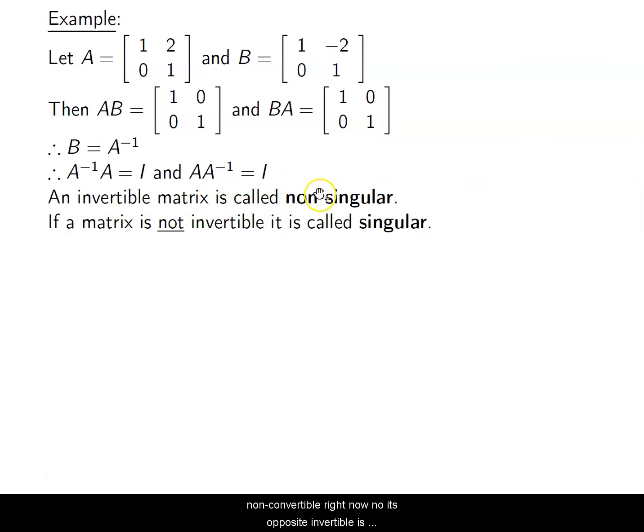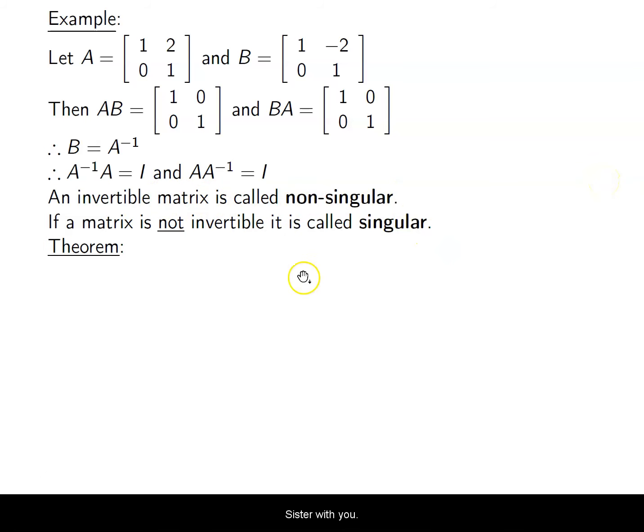Invertible is non-singular. Not invertible is singular. So you're kind of swapping around the no terms from invertible and singular. Just remember one: invertible is non-singular. And then it's easy to remember the other half of that.